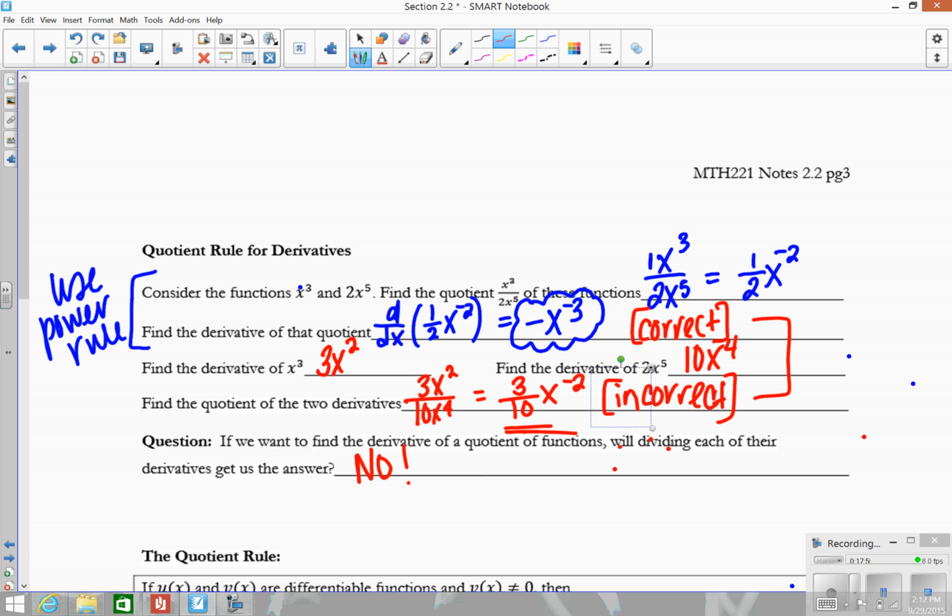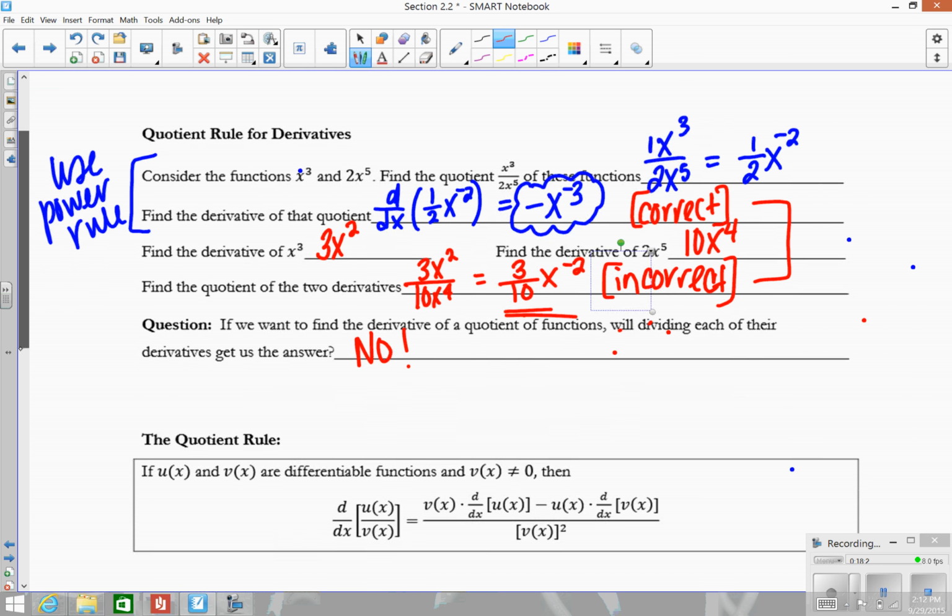So if it's easy enough to just simplify and divide, then I would just do that so you can get it into the power rule format and then just apply the power rule. But there's going to be times for quotient that you absolutely can't simplify and you have to use a quotient rule. Unlike multiplication, you can pretty much always multiply, but for division, you can't always divide because you're not going to be able to simplify it.